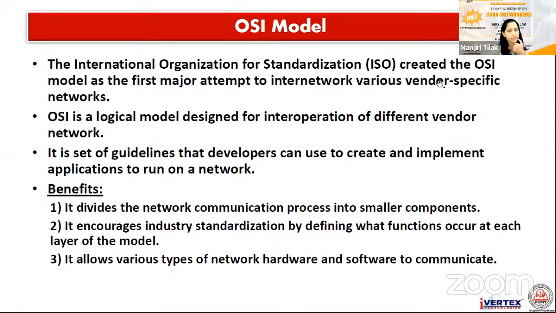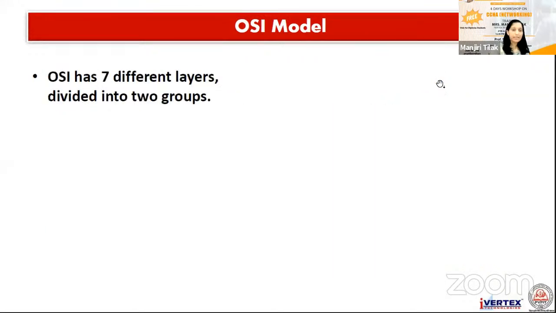So it allows various types of network hardware and software to communicate with each other. So it is really necessary or important to understand this OSI reference model if you want to work into IT infrastructure domain or into networking, right? This is a basic model.